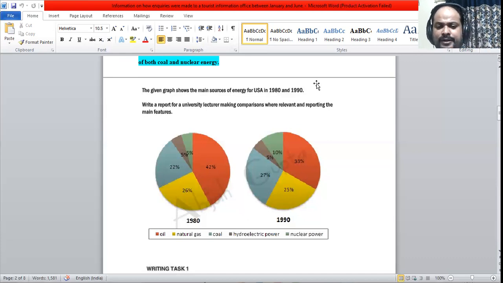Just over a quarter of the energy was consumed in the form of natural gas. Just over 1/5, that is 22%, was consumed from coal, and hydroelectric power and nuclear power constituted 5%.